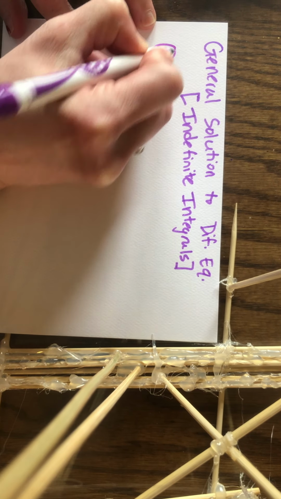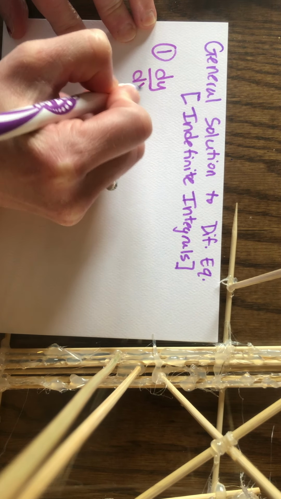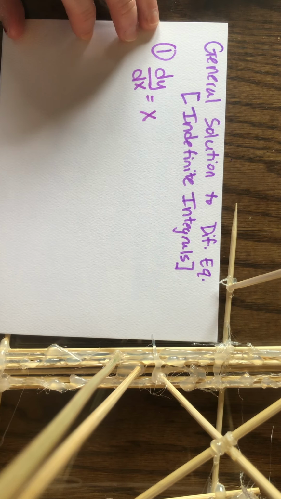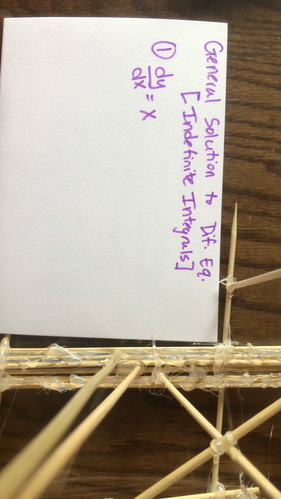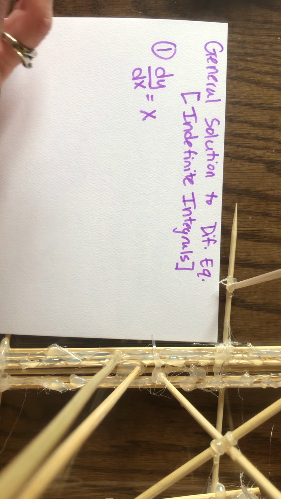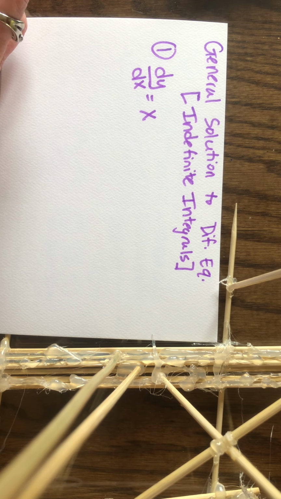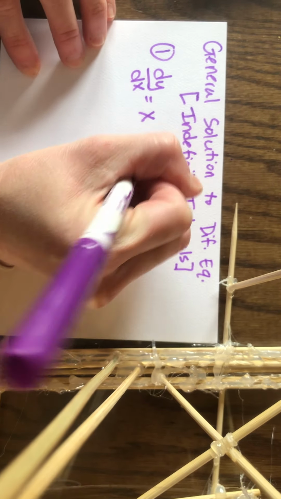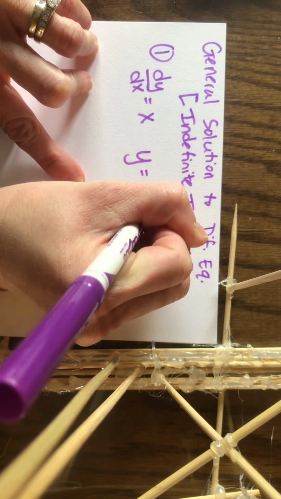So if I had the differential equation dy/dx equals x, we would be able to find a general solution to this differential equation by saying, what would the antiderivative be? The antiderivative of x would be 1/2 x squared.